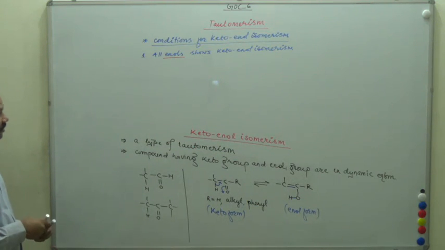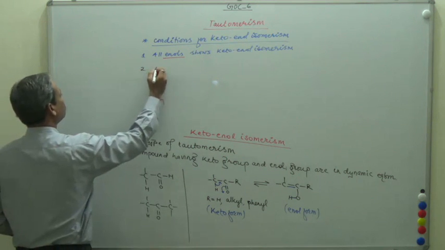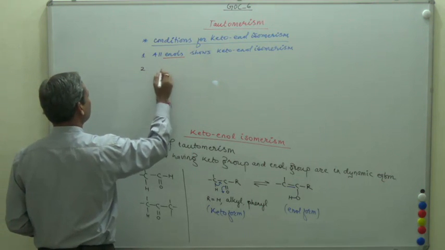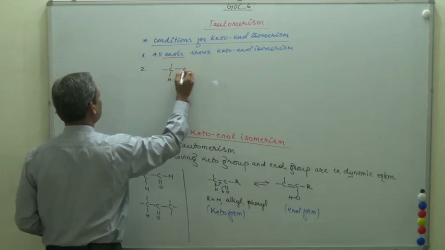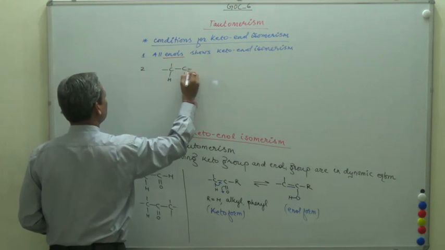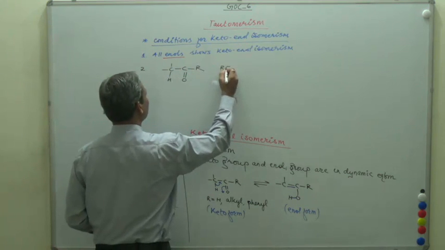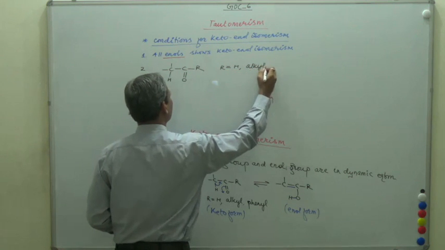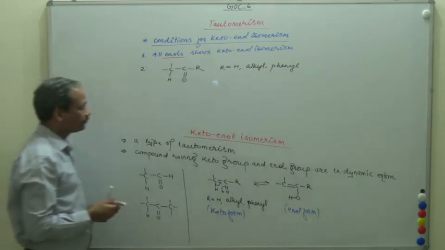This is the first condition. Now, second condition, compound that satisfy following representation shows keto-enol isomerism, where this R should be hydrogen, any alkyl group, and phenyl group.